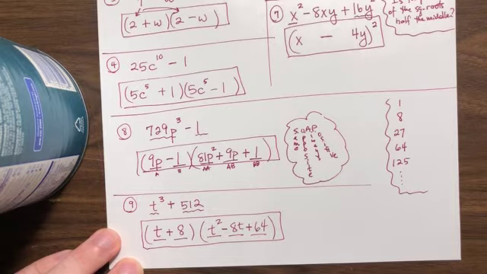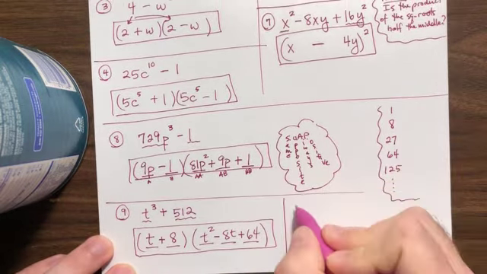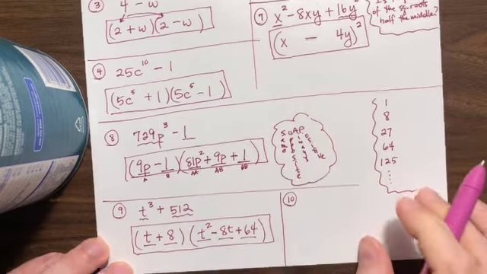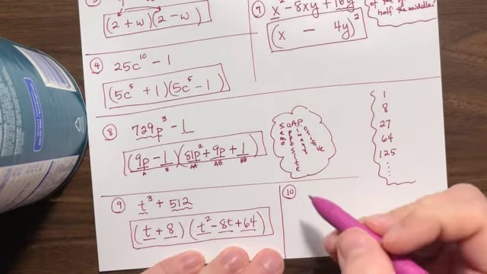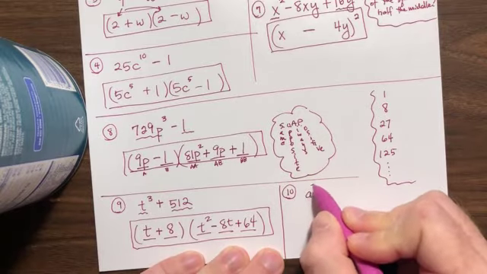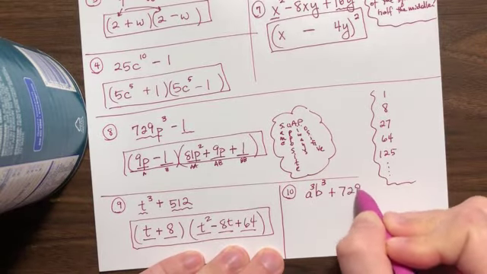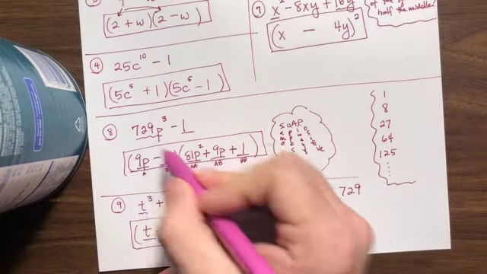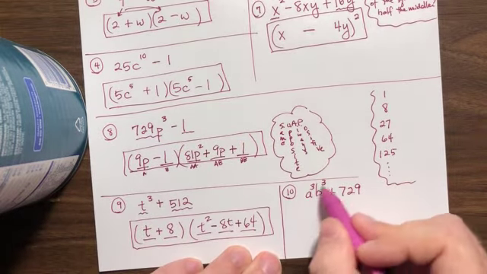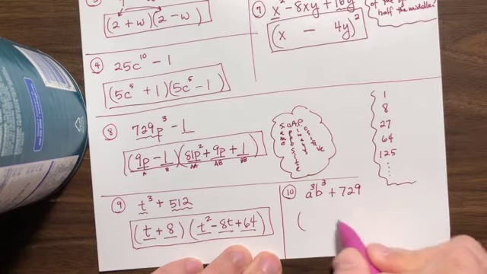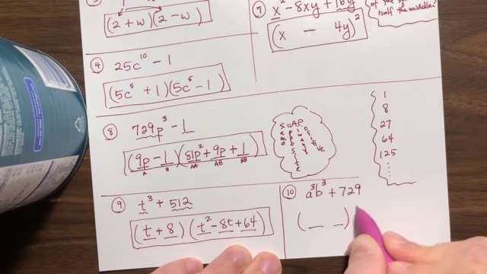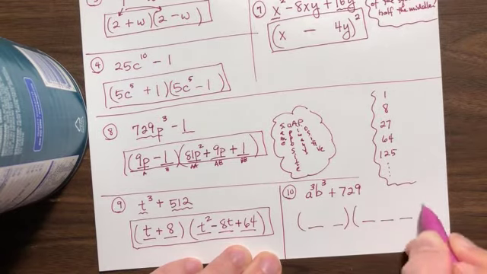All right. And then there's one more. So I'll try to sit it right here in this little space because I don't want to start a brand new paper for one more question. Sorry. So here we got a cubed b cubed plus 729. And again, I know 729 is a cube because of a previous problem. And these are both cubes, so this works. 1, 2, 1, 2, 3.